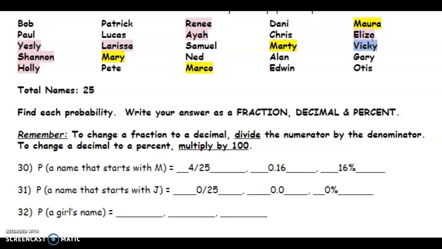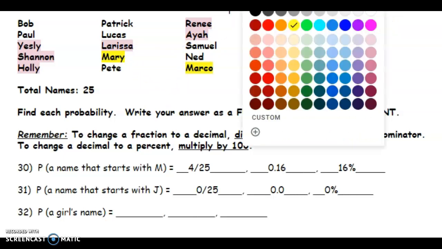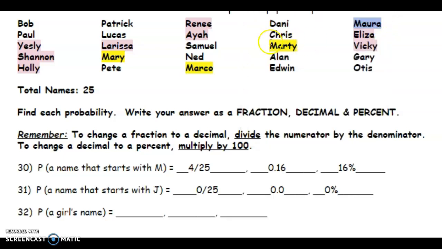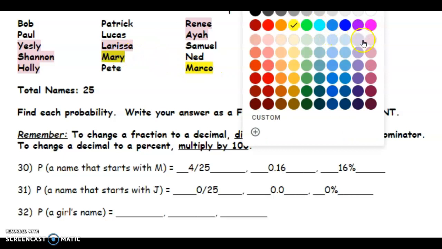So 1, 2, 3, 4, 5, 6, 7, 8, Gary. Well, I'm sorry, I forgot the girl's name in yellow, because Mora could also be a girl's name, right? And Mary is also a girl's name.